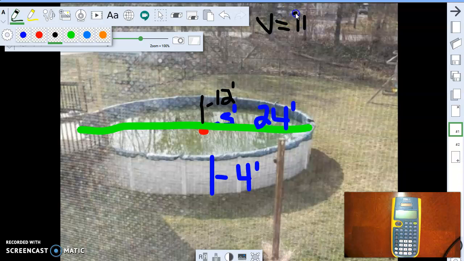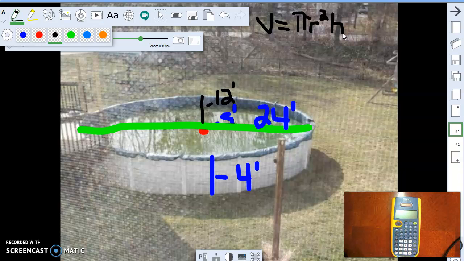You can get a pi button through any kind of calculator, or even your phone calculator, I believe, has it. There are different resources online where you can get the pi button. And that's times the height, or in our case, the depth of the pool, right? How deep it is.